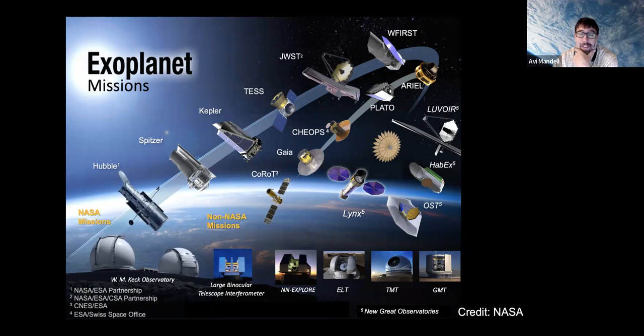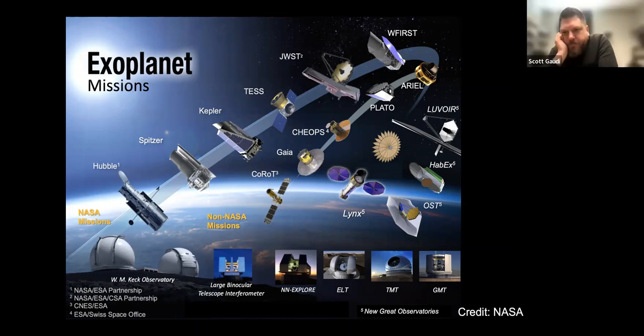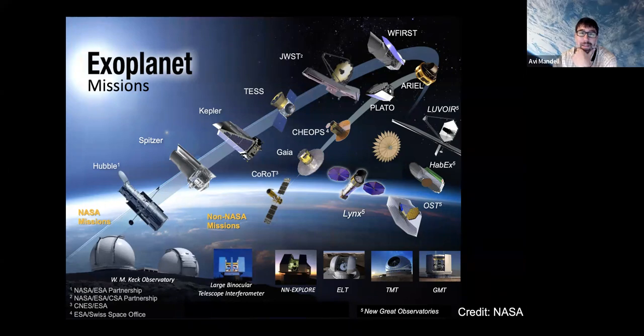TRAPPIST-1, of course, is spectacular, but it's one system. And determining the frequency of atmospheres and potentially habitability around these stars seems to, as we know from all the direct imaging studies for G-type stars, take a lot of targets. So how do we get to that point, and which mission will take us there?